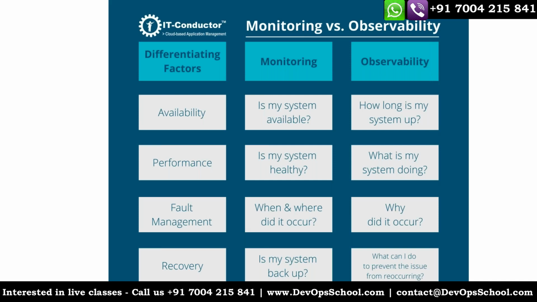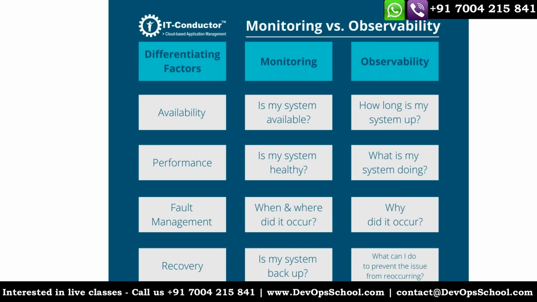These are some of the differentiating factors for monitoring versus observability. In terms of availability, monitoring will tell you is my system available, but observability will tell you how long my system has been up. Performance: monitoring will tell you is my system healthy, whereas observability tells you what my system is doing.